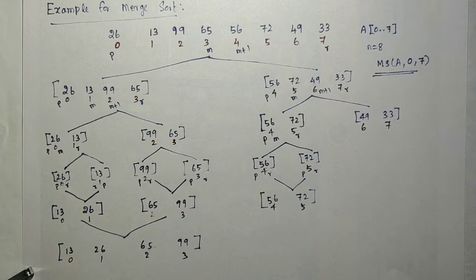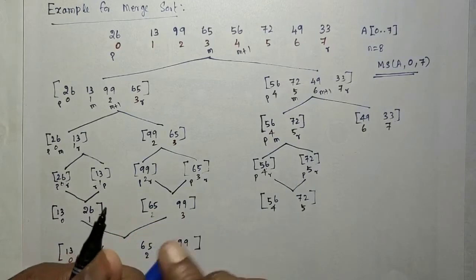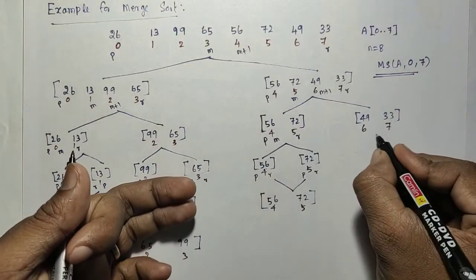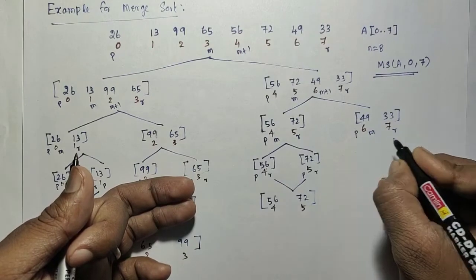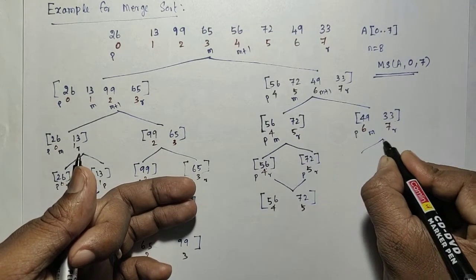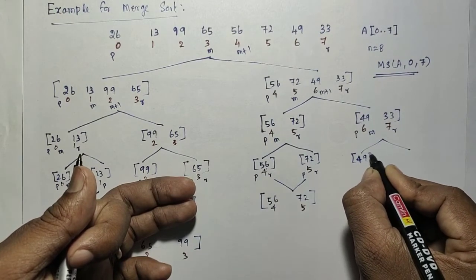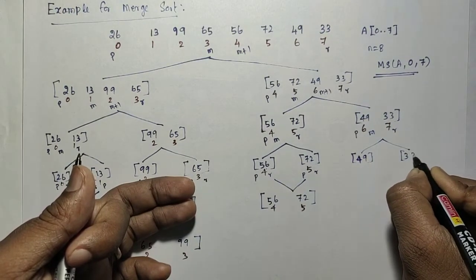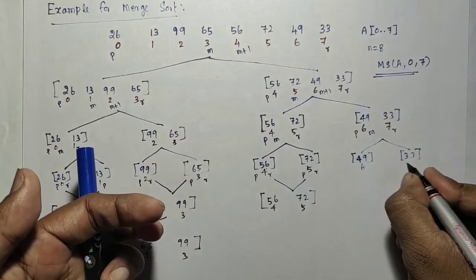Now this half has to be sorted, so here I have to do the splitting. This is P and this is R and this is M, and this is M plus 1. If you split into 2, 49 is on the left and 33 is on the right, with indexes 6 and 7.